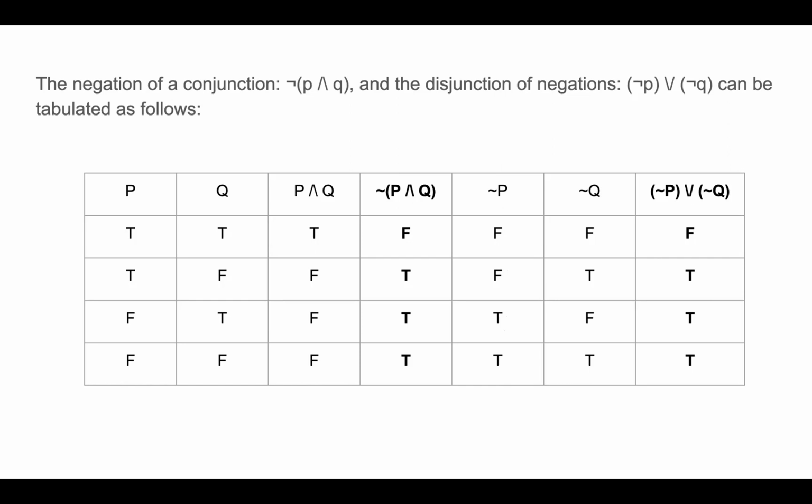Okay. Now what we have to do is perform the OR operation between these two columns, that is the fifth column and the sixth column: negation P or negation Q. We know the OR operation. Yes or no? Yes.